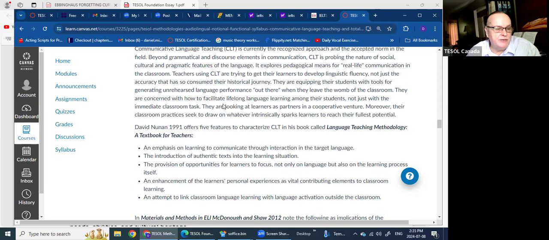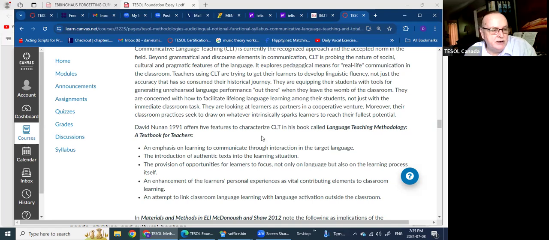They are concerned with how to facilitate lifelong language learning among their students, not just with the immediate classroom task. They are looking at learners as partners in a cooperative venture. Moreover, their classroom practices seek to draw on whatever intrinsically sparks learners to reach their fullest potential.